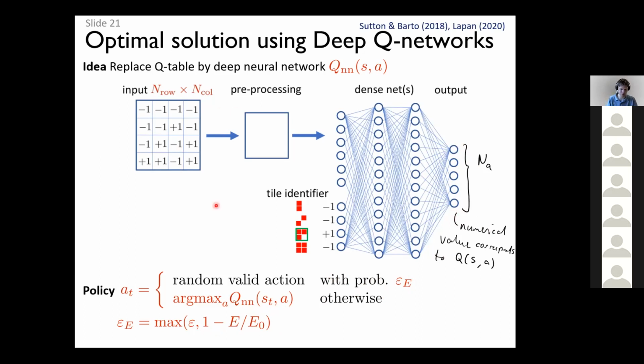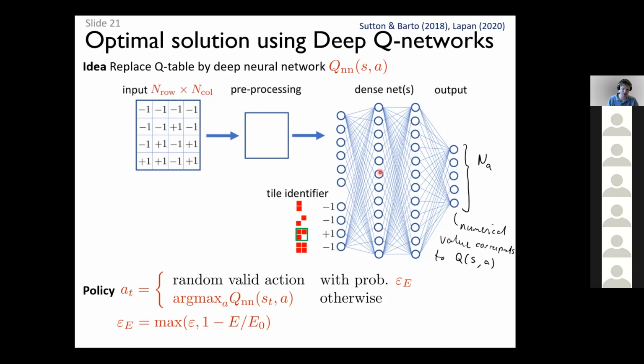So why do we do this? The reason is that the Q table method is not very good if we have a large state space, or if the state space is continuous, because we need to visit all states a large number of times, and it takes extremely long to converge.